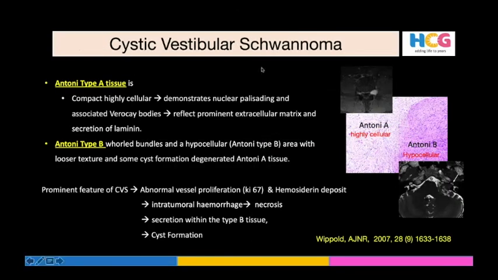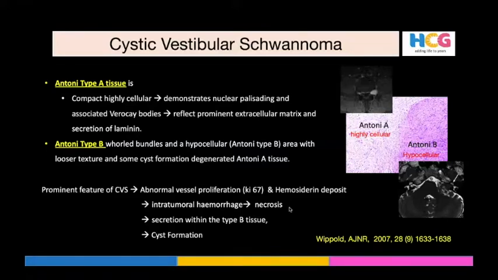If you look into the type of tissue in acoustic schwannomas, typically they are divided into type A and type B. Type A is compact and highly cellular, and type B is hypocellular. The prominent feature of type B is abnormal vessel proliferation and hemosiderin deposits. Therefore, these are the tumors more vulnerable to intratumoral hemorrhage and necrosis, and obviously cyst formation.